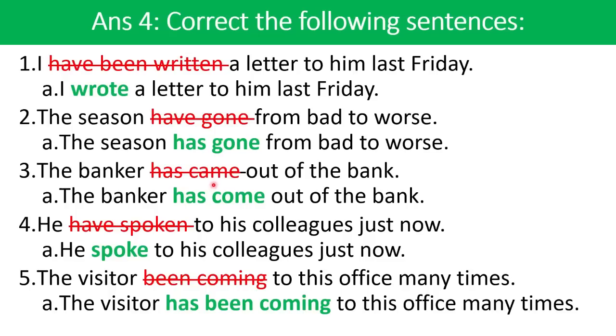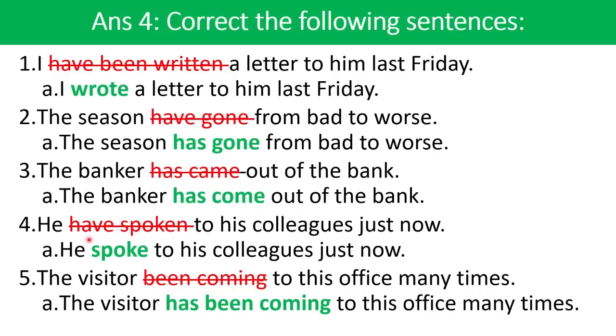It is not came, it is come. But come is not only present tense, come is also past participle. That is why these verbs are called irregular. They don't have any pattern, that is why irregular. So you say the banker has come. Come here is not present tense. Come here is the past participle of the verb to come.